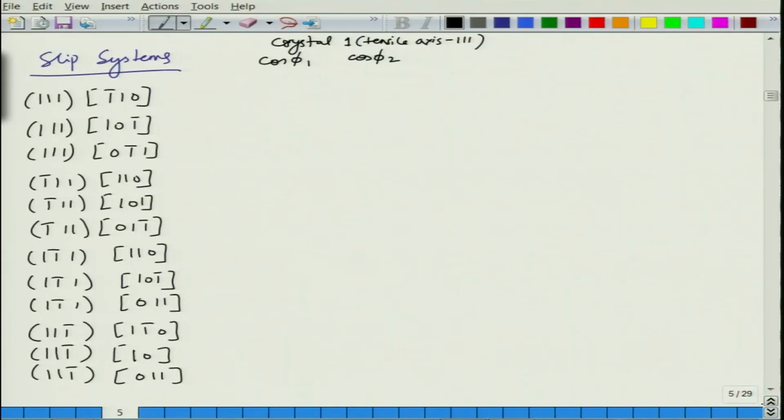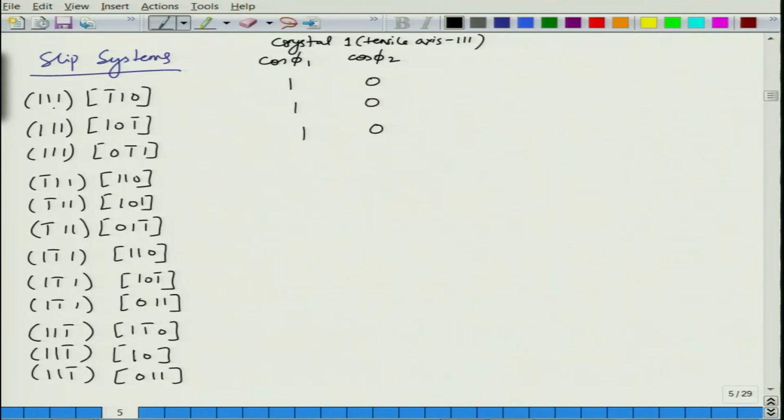Okay. So, for the first one, you can see that [111] and the plane normal [111] are collinear, since for [111] the slip plane normal will also be [111].